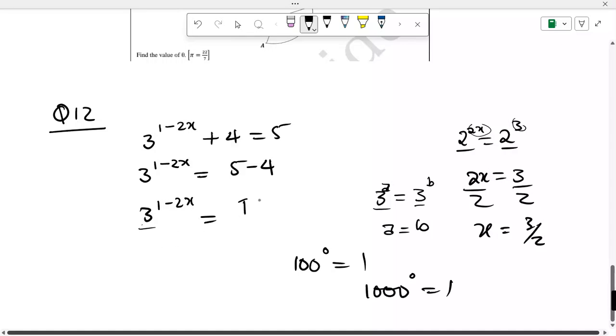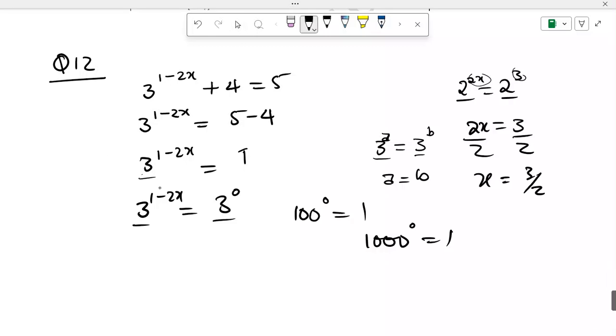So we write 3 to the power 1 minus 2x equals 3 to the power 0, because any number to the power 0 is 1, for us to have the same base. The whole point of bringing this term deliberately is that we wanted the same base. If it was 4 here, we would have said 4 to the power 0. So now the bases are equal, we equate the powers. So we have 1 minus 2x equals 0.